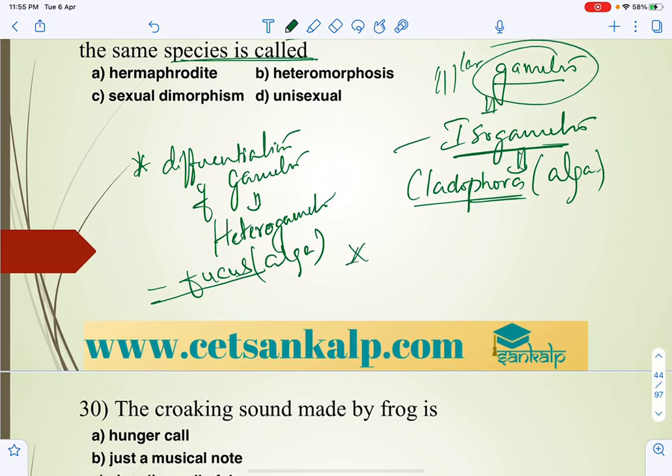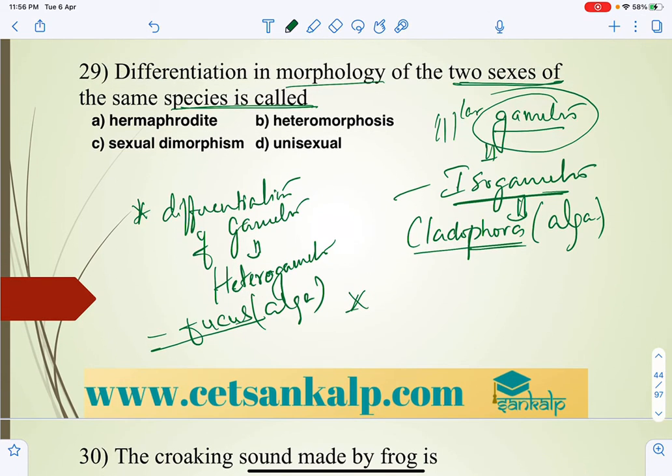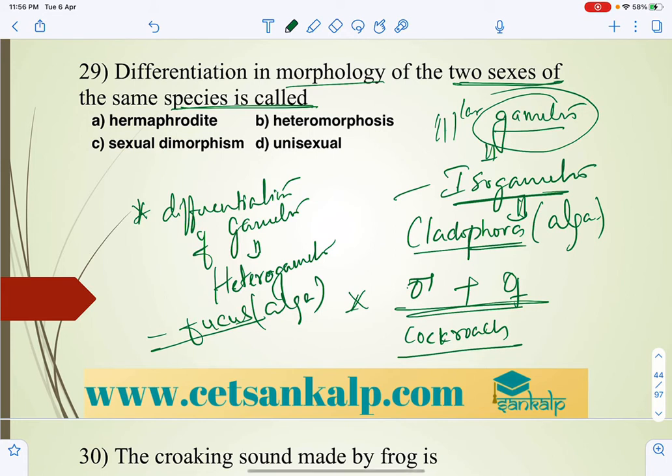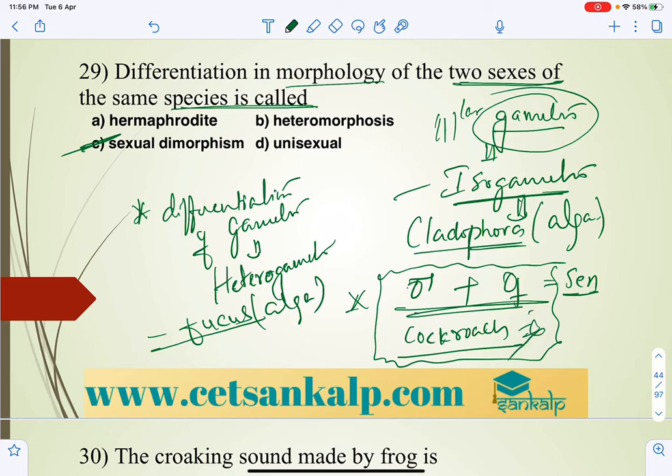Same like that, if you consider individuals like human beings, male and female, sexual dimorphism will be there. Male is different, and the same in cockroach. These are examples of sexual dimorphism, where two individuals are different, with different sex organs: male and female cockroach, with testis in male and ovaries in female.